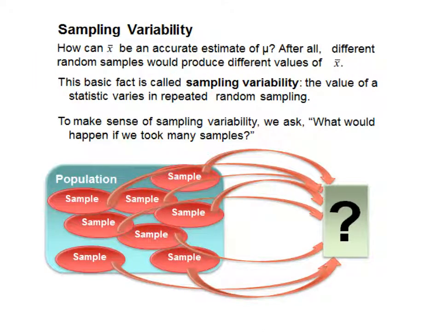So here's kind of what sampling distributions do. Okay, we've talked about this idea before. Samples vary. Okay, we know that. We've talked about that. Here we're saying this question mark. Okay, that's mu, right? This sample right here is going to give us X bar.